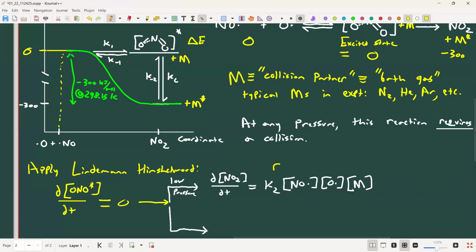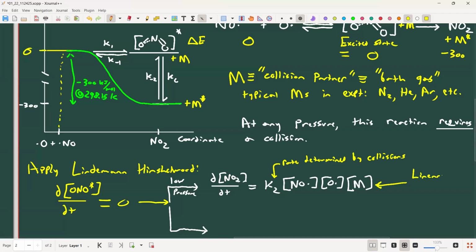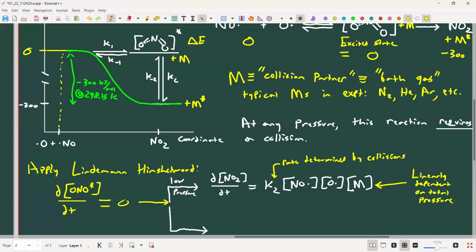So the important thing here is that the rate is determined by the collision rate. And it also depends on the bath gas concentration, the total pressure of the system. So this is linearly dependent on the total pressure. And if we double the pressure of helium, then the reaction goes twice as fast.